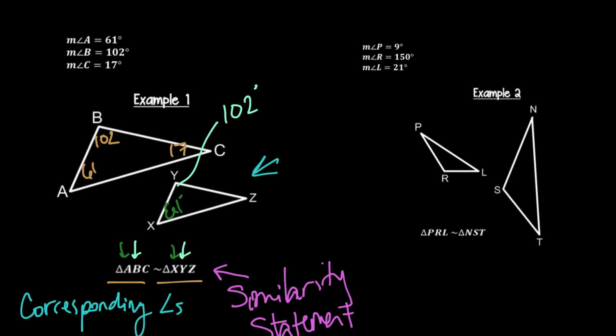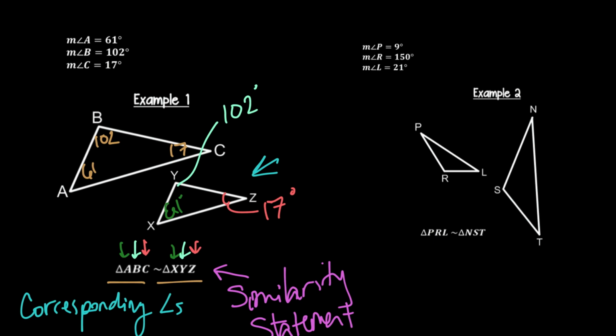And lastly, we have angle C in the third position and angle Z in the third position. So if angle C is 17 degrees, then angle Z is also 17 degrees. And that's how we use the similarity statement to make conclusions on a triangle that we have pretty much no information about.